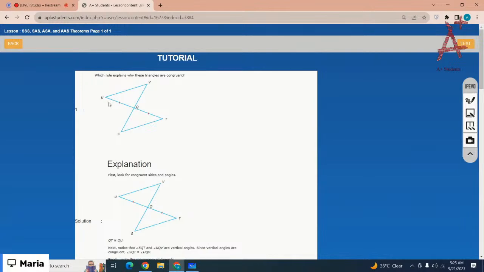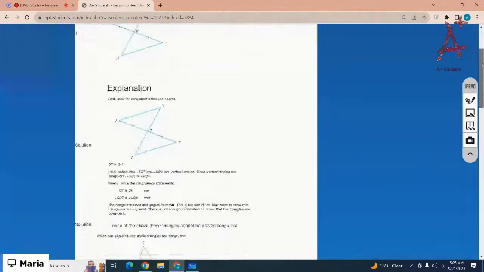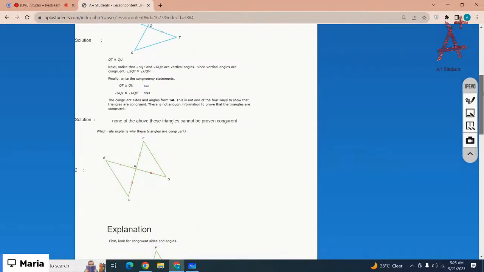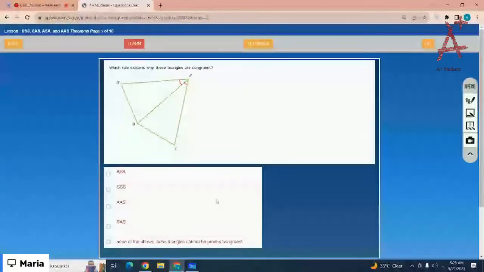Because they are vertical angles. These two sides are congruent, so the vertical angles are also congruent, right? Let's see test questions.